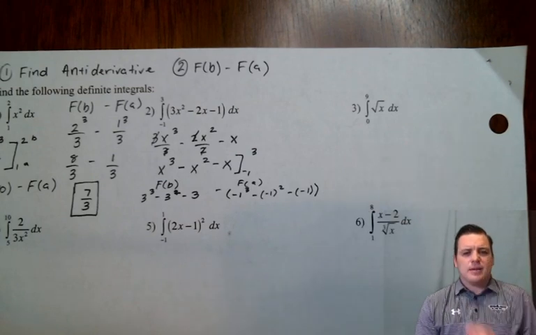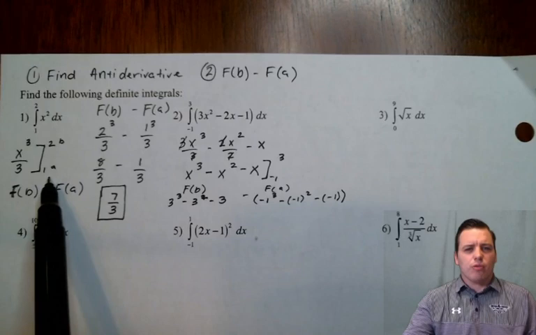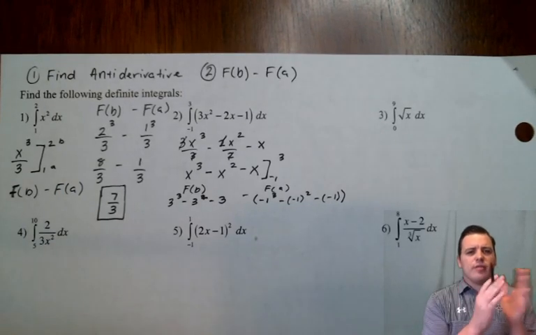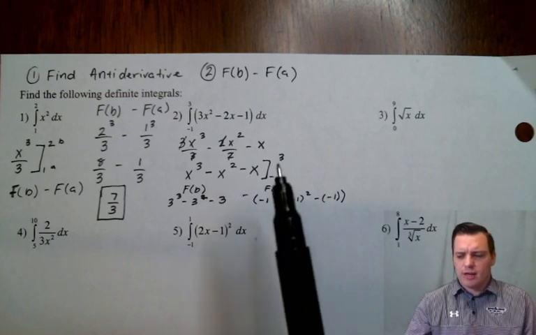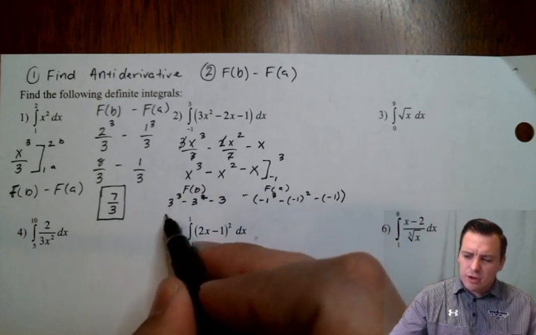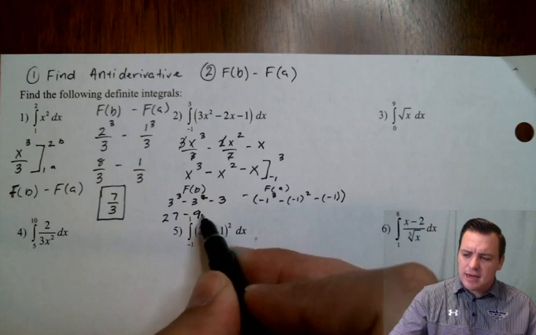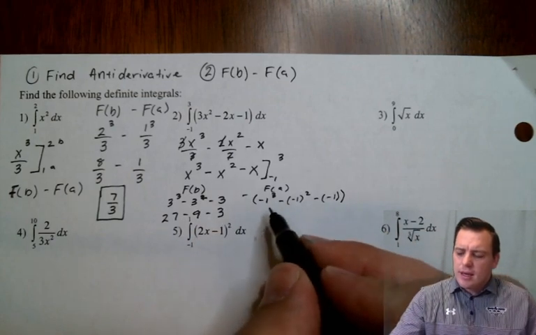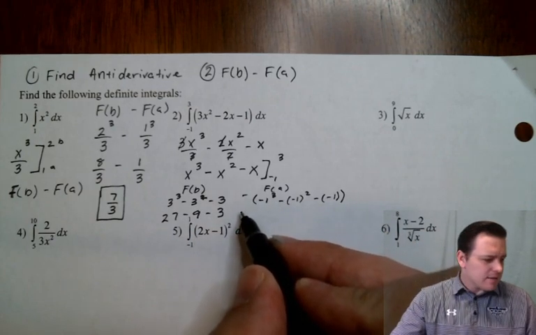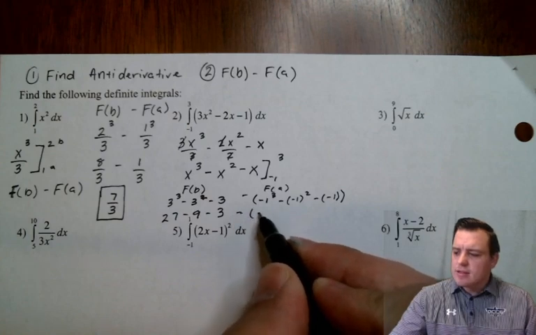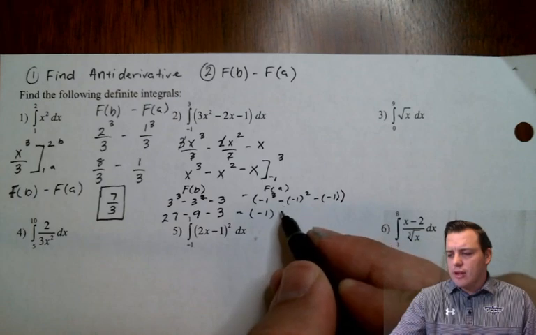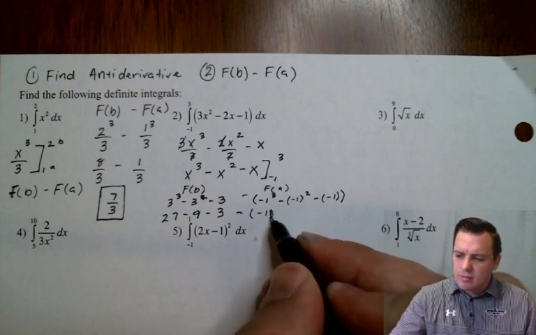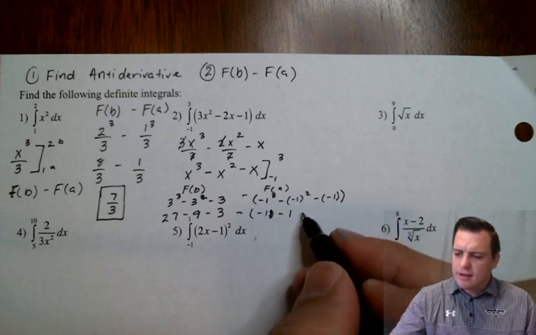Okay? So notice that in the first one we just had one x, so we just had to plug f of b in, but you're going to have to plug it into every x when there's more than one x. So 3 cubed is 27 minus 9 minus 3, and then minus the second part, which is -1 minus 1, and then +1.